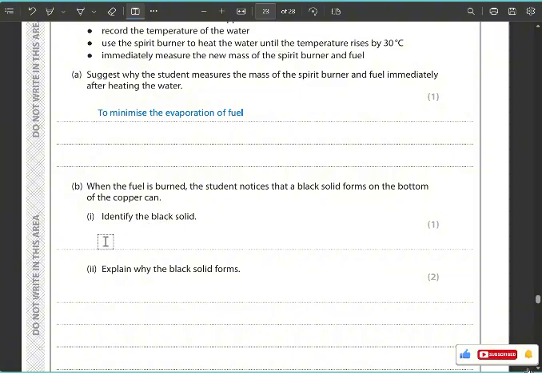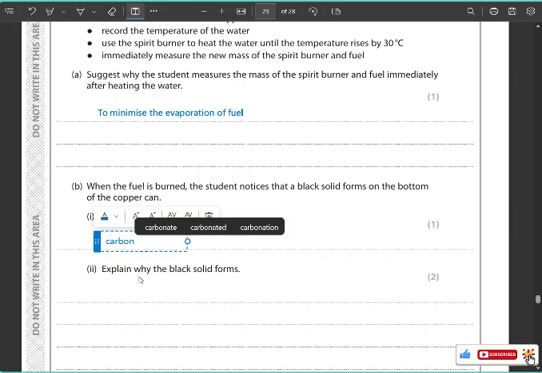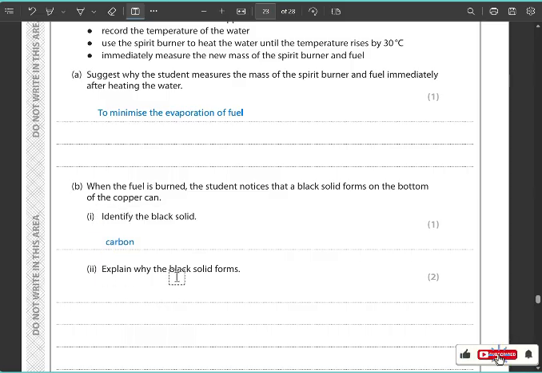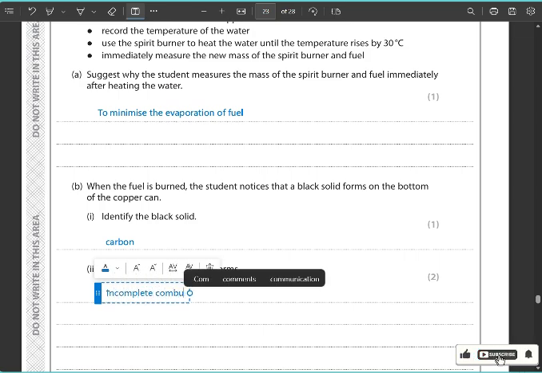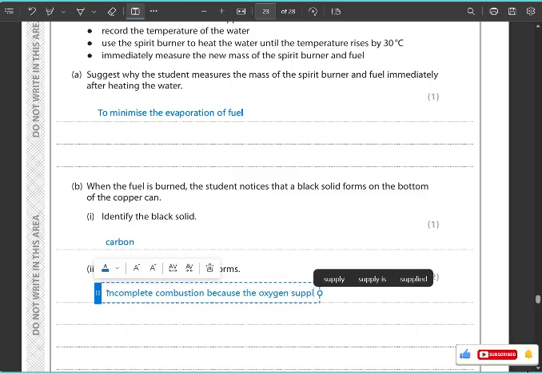By incomplete combustion, there will be carbon. They made carbon. Explain why the black solid forms. As I said, incomplete combustion because the oxygen supply may be limited.